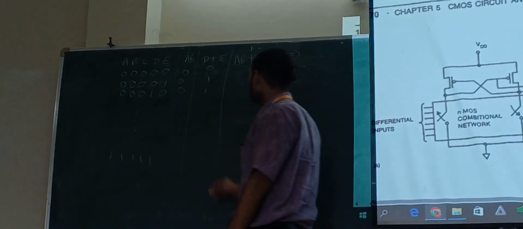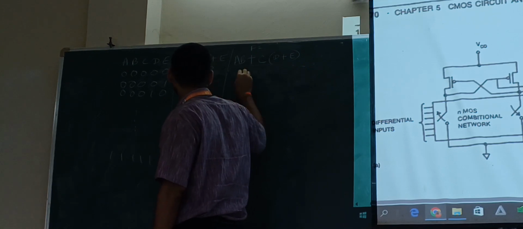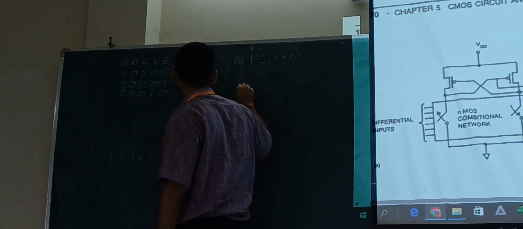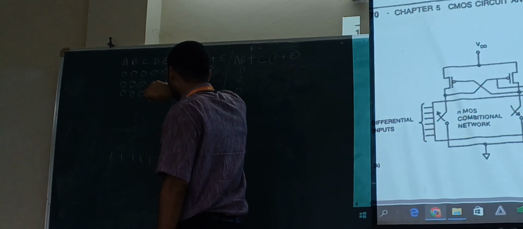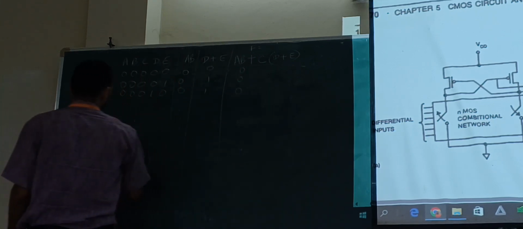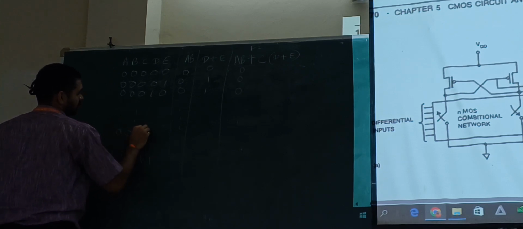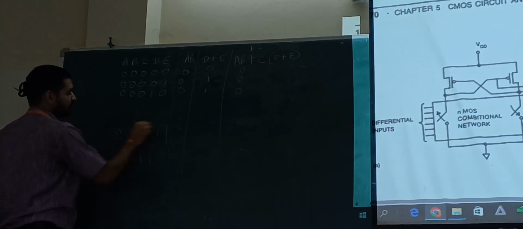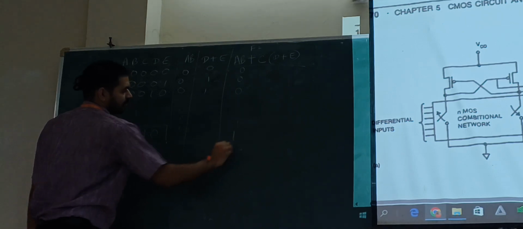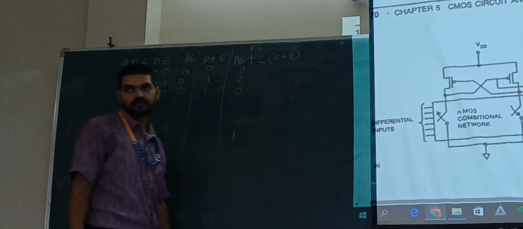Okay. A into B. So here the answer is 0, 0, 0. For this combination, we will get the answer as 1.